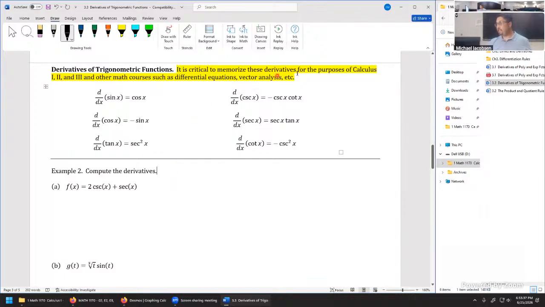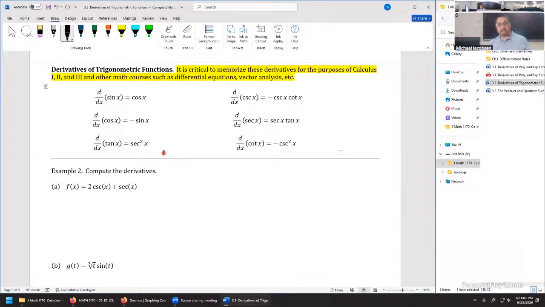I put here in the highlighted yellow just to emphasize it. These results get used all of the time. In a Calculus 1, Calculus 2, Calculus 3 setting, once you're in Calculus 2 and Calculus 3, it's assumed that you just know these. And if you happen to forget one of these, this could be really harmful in an exam setting.